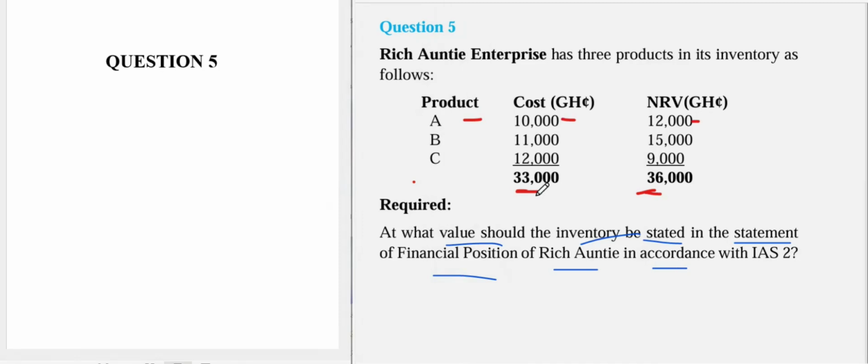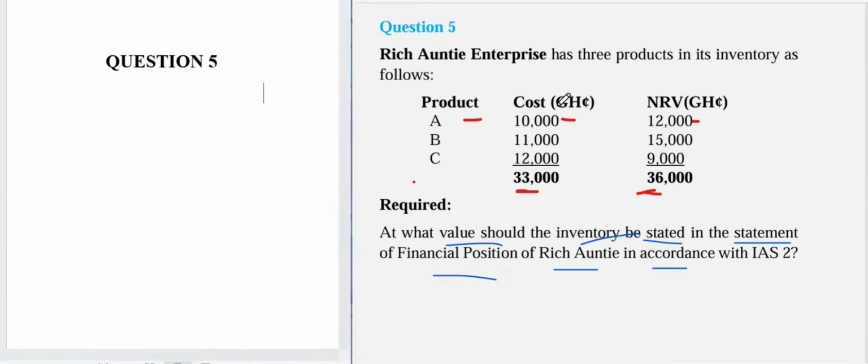So don't compare this 33,000 with the 36,000 and pick 33,000 because that's lower. The standard says we should value them on a line-by-line basis, meaning that we have to work them out separately.